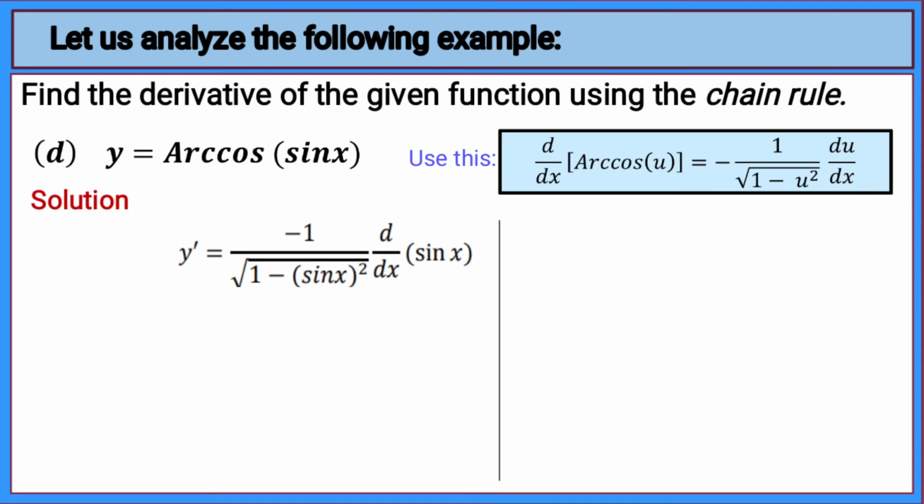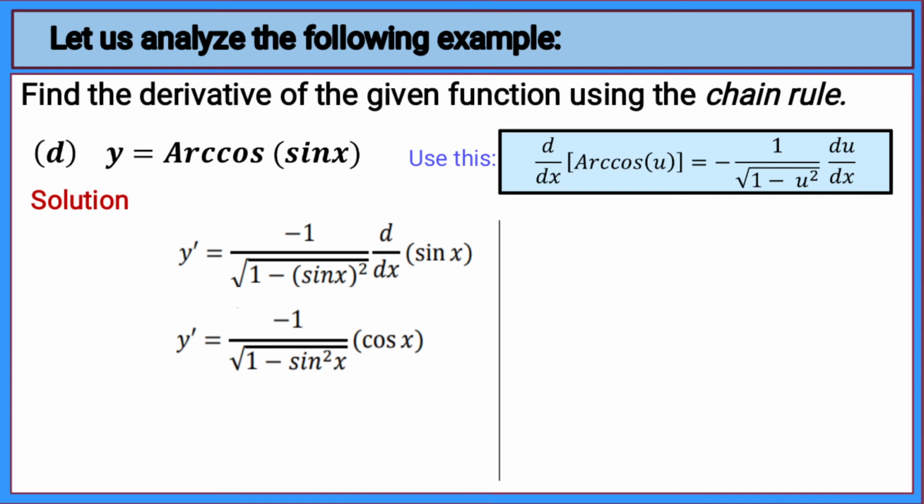For our solution, first, we plug sine x into our format, so sine x will be our u. So y prime is equal to negative 1 over the square root of 1 minus our u squared, which becomes sine x squared, times du over dx. So we need to get the derivative of sine x as well. And the derivative of sine x is cosine x.